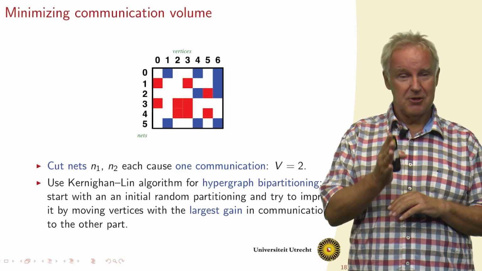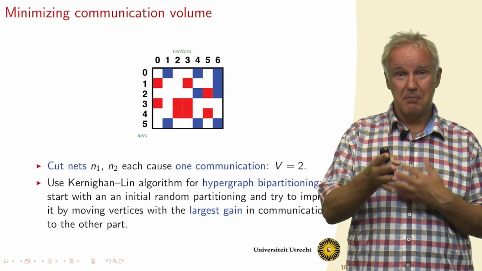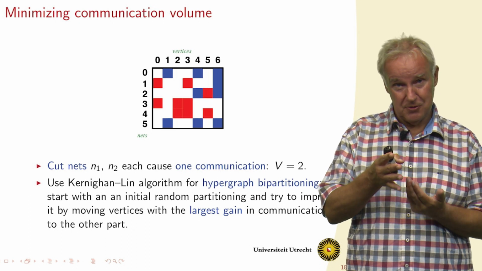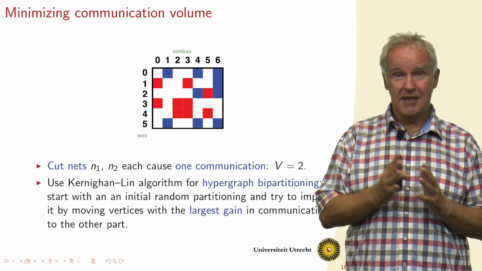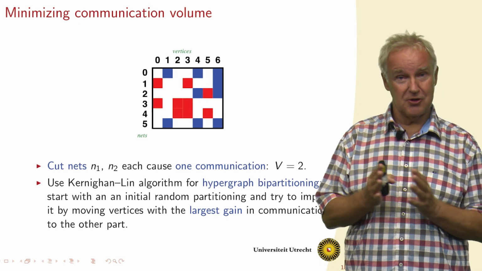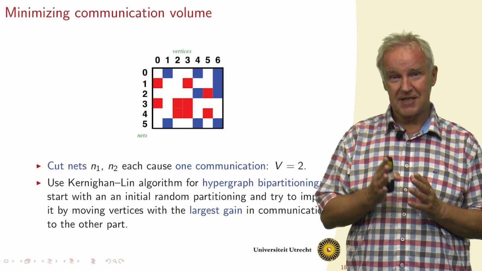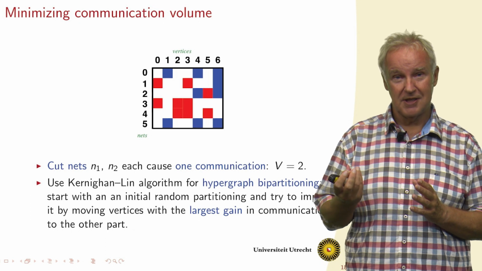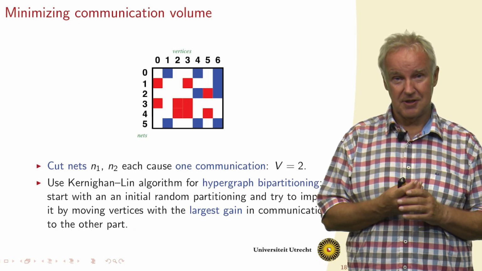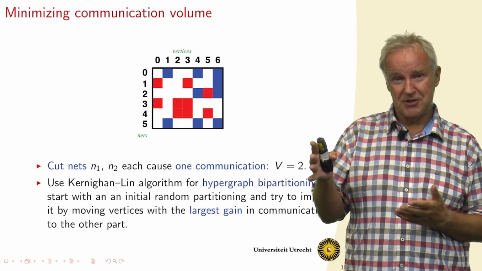So you try to move, for example, in this case, a column to the other side by repainting it into red. Blue goes to red. And then you look what influence this has on the communication volume. The move that has the best influence, that lowers the communication volume most, is carried out. Even a bad move is carried out if this is the best you can do.